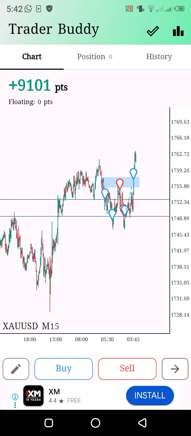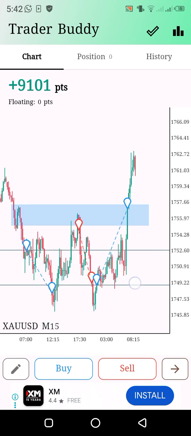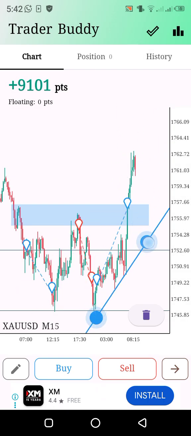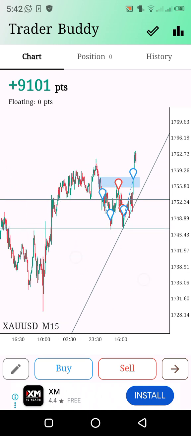So the next move that I can find is where to find even more liquidity. So more liquidity is around this area here. Beneath these lows you have liquidity, and above these lows we also have liquidity. So there's trendline liquidity in two places.